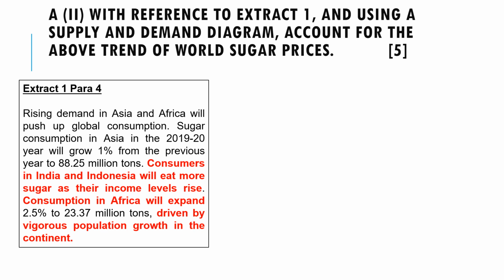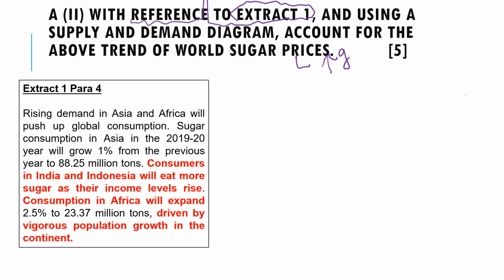A2: with reference to extract 1 and using a supply and demand diagram, account for the above trend of world sugar prices. The above trend shows that sugar prices have been increasing. So there's an increasing trend. We need to make use of evidences given in extract 1, so all evidences that you use for this question must be from extract 1.